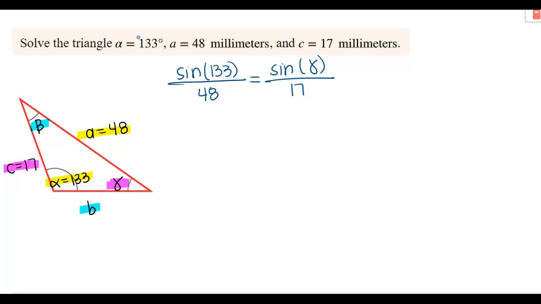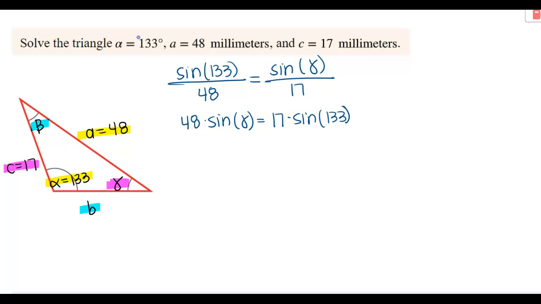Okay, with any of these, once you get them set up, you're going to cross multiply. So we have 48 times the sine of gamma equals 17 times the sine of 133. And I forgot to mention in the first one, if you have them the other way, like the sine of gamma over 17 equals the sine of 133 over 48, that means the same exact thing.